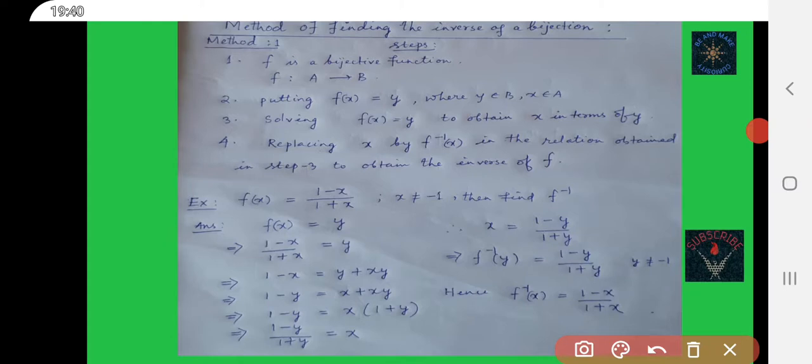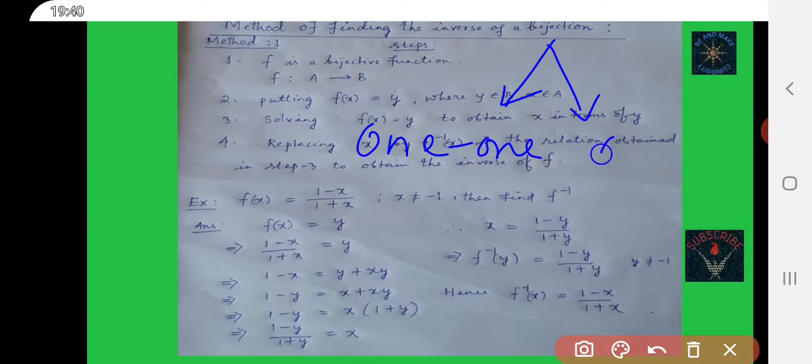Now we know how to find the inverse of a bijection. The function which is both 1-1 and onto is called a bijective function. For a bijective function, we must have the inverse.